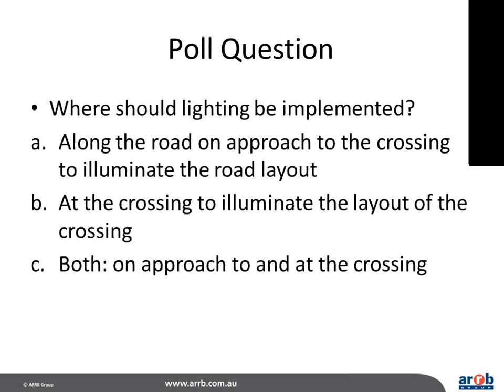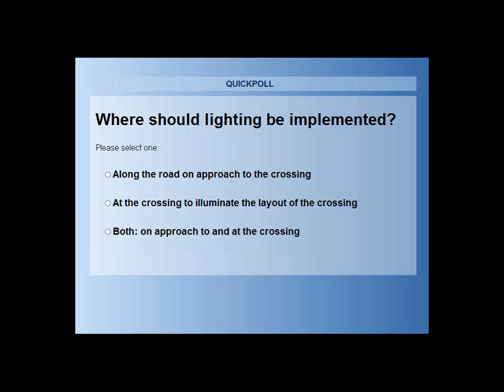Well, before we get into the presentation, I just want to have a quick poll question, just to get your idea of what you think: should lighting be implemented at railway crossing? All the audience will see a pop-up box on their screens, and it's just a matter of answering either A, B or C, whichever you think the correct answer is, and then we'll close off that poll.